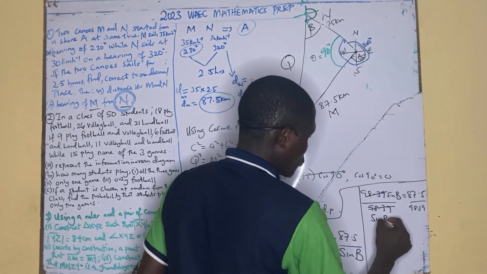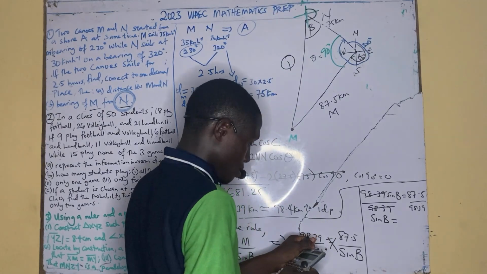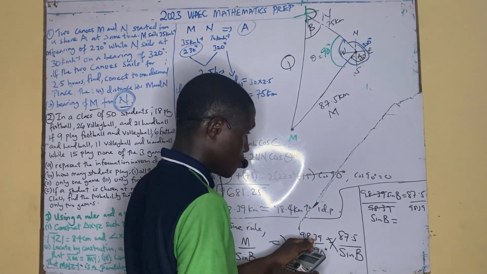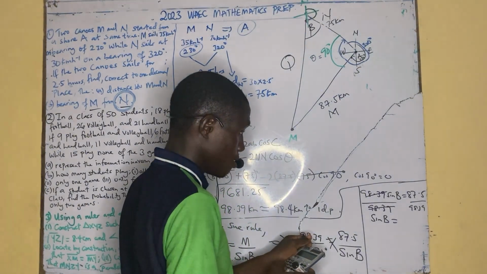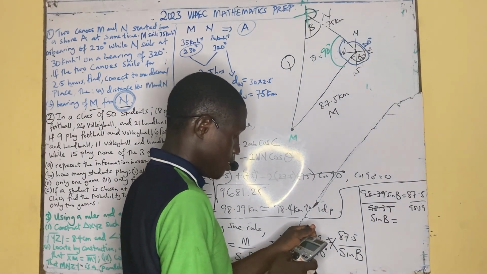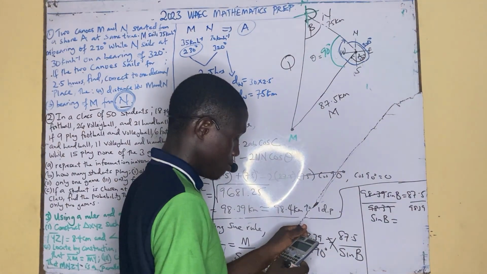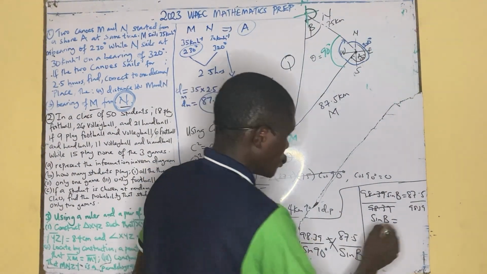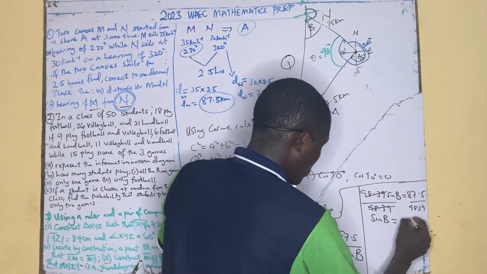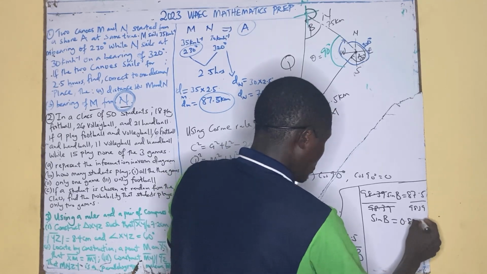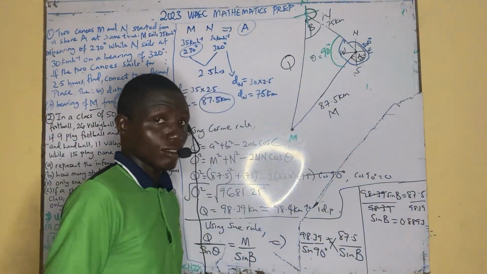98.39. So this one cancels out. Sine B is equal to 87.5 divided by 98.39. We have what? 0.8893 to 4 decimal places.